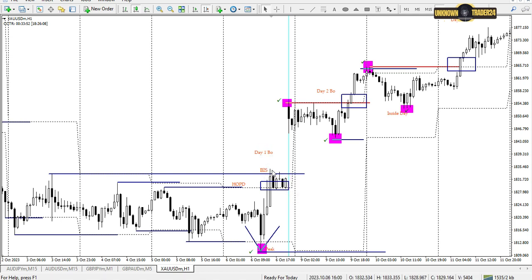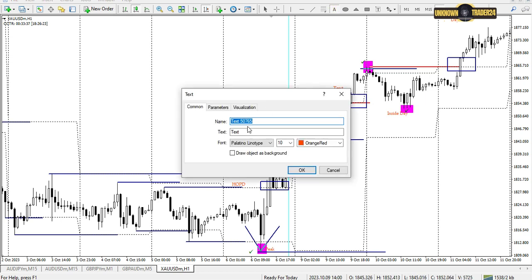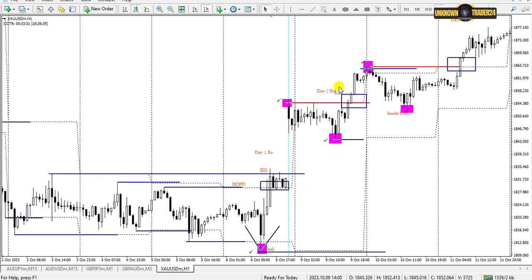Now since we broke the structure, the next time we break the high, it becomes a break of structure. It's no longer a break in structure. Why? Because now it's breaking structure in the direction of the trend. What establishes the trend? A break in structure.